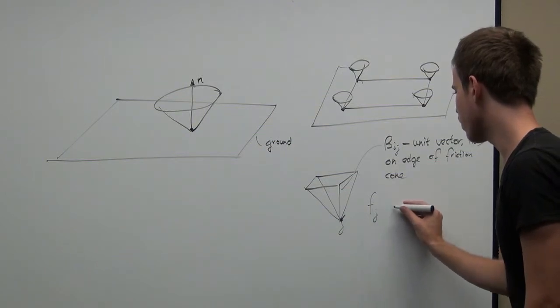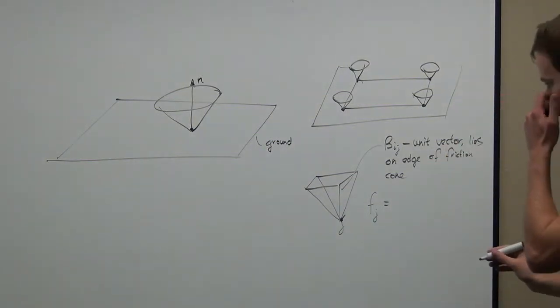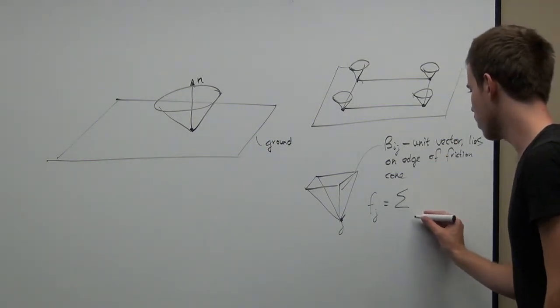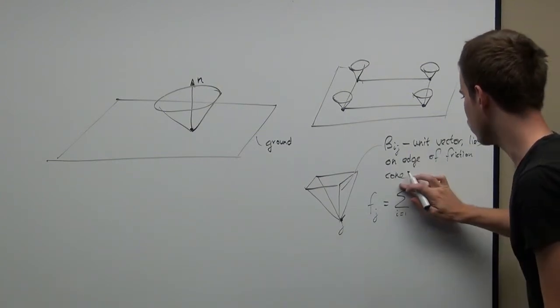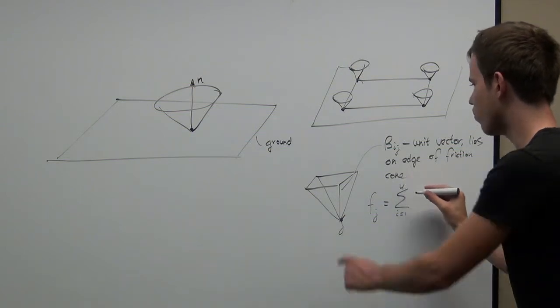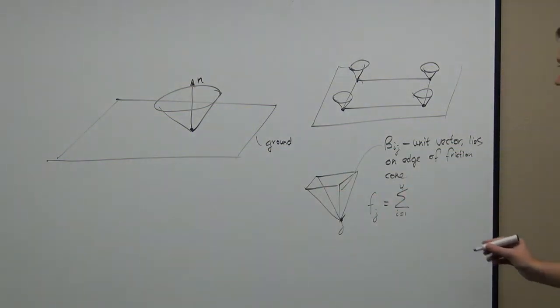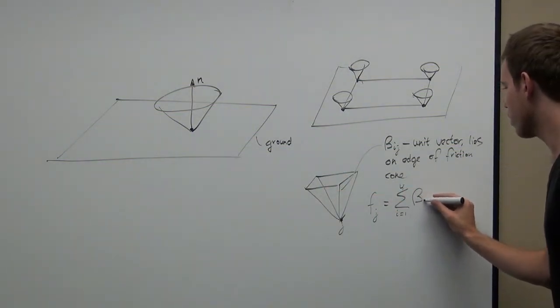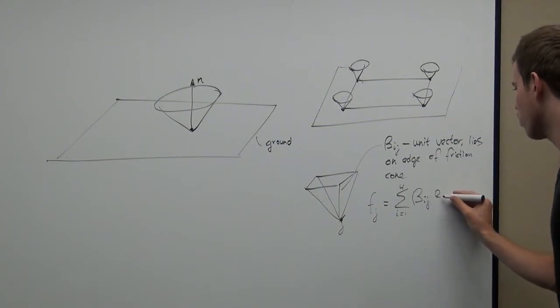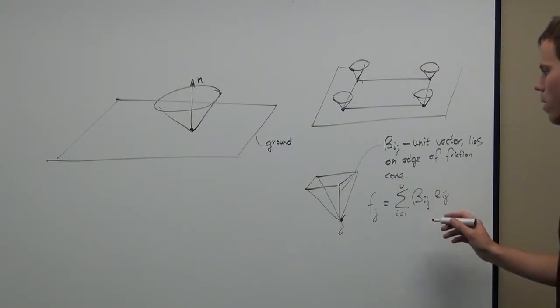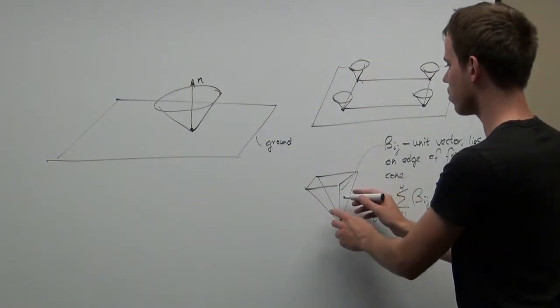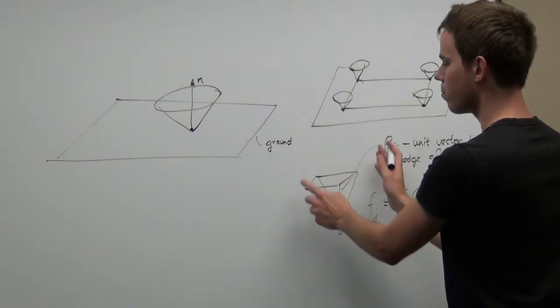So Fj is the sum from i equals 1 to 4, since we have 4 basis vectors in this case, of beta ij times rho ij, where this rho is some multiplier. If we do that, then we get a force that's in this cone, right?